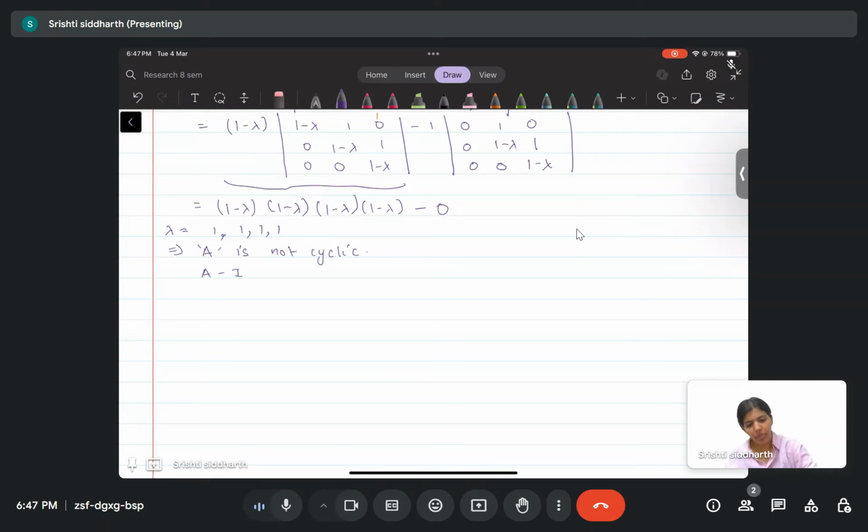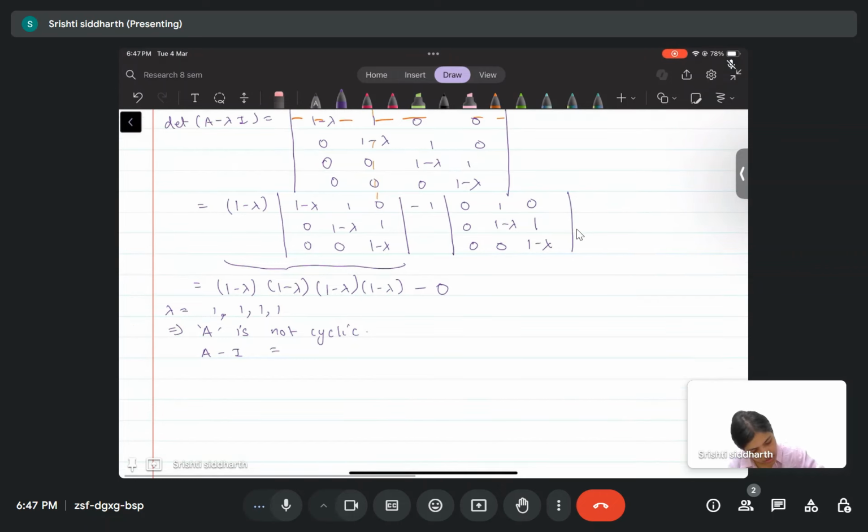We have A minus lambda I, or A minus I, sorry. This is 0, 0, 0, 0, 0, because it's an upper triangular matrix. And we have 1, 1, 0. So this is 0 and 1.